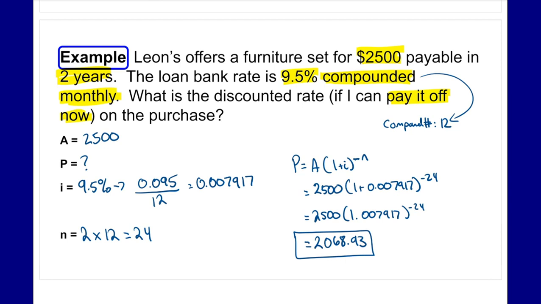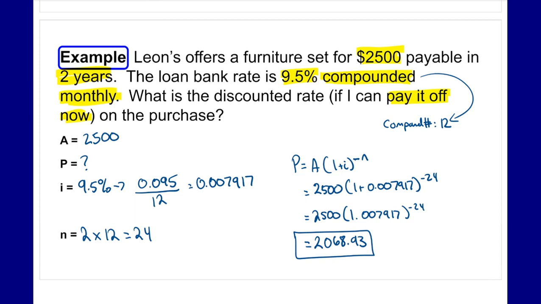So what this is saying is, if I don't want to go on that payment plan where I get a loan to pay it off over 2 years, I could pay it off right now by only spending $2,068.93. However, there's the downside to that. You do need to have that amount of money up front, right? If you're paying things off over time, you get the benefit of not having to pay it all up front, but you do have the con of having to pay a little bit extra.